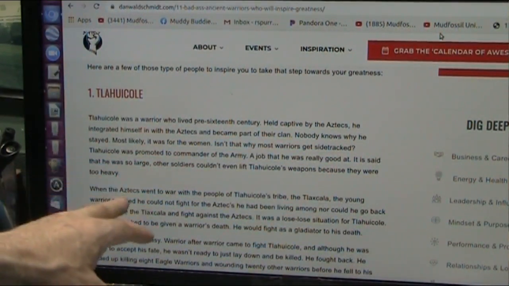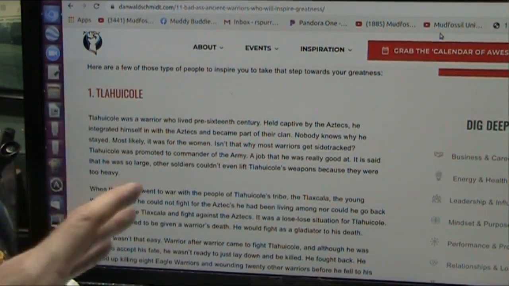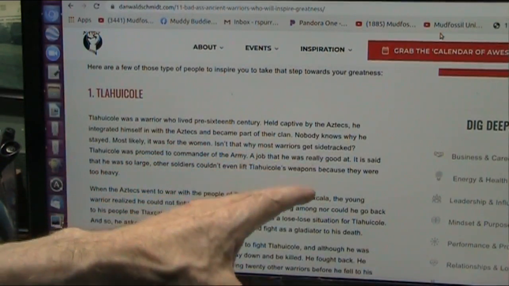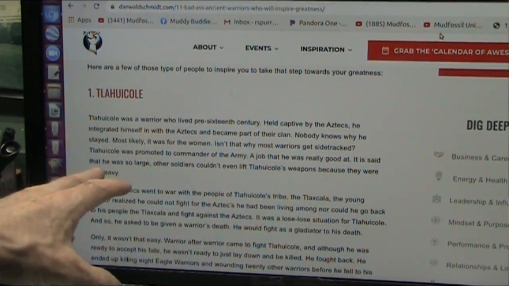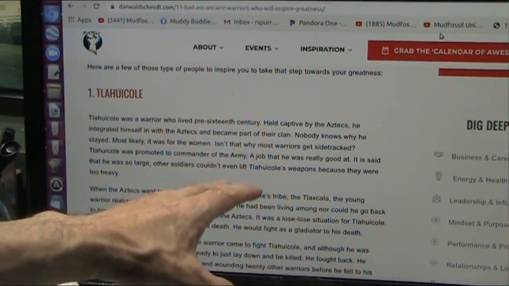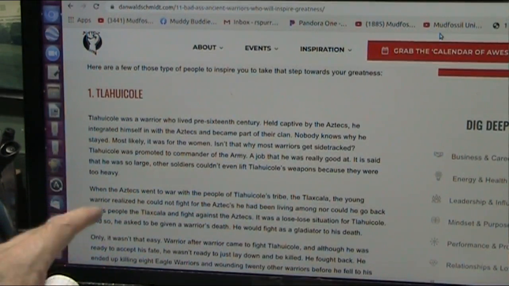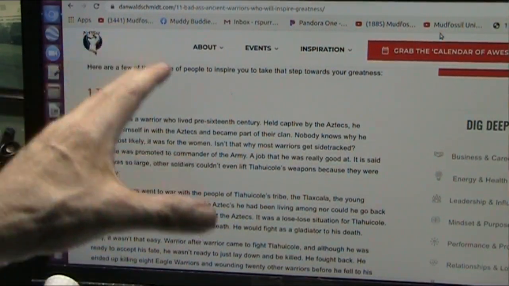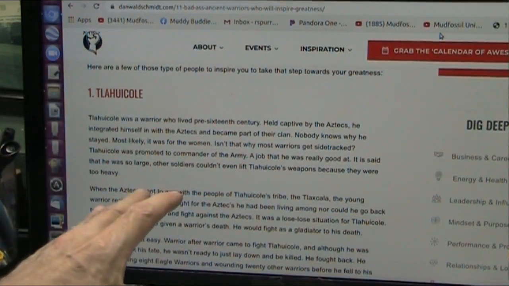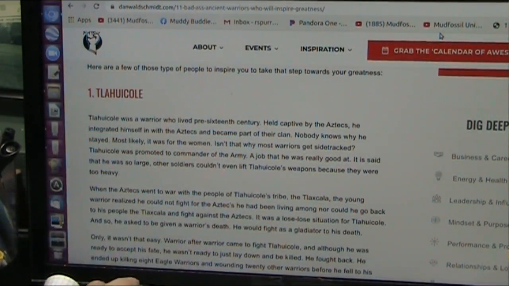Tikul was promoted to commander of the army. So he's a tough guy. And wait, here it is. A job he was really good at. It said that he was so large the other soldiers could not even lift his weapons because they were too heavy. Now, I just showed you a 36-inch wide hand, and then I showed you a fingertip that is 30 inches wide all by itself. And that is not the biggest of all the creatures.